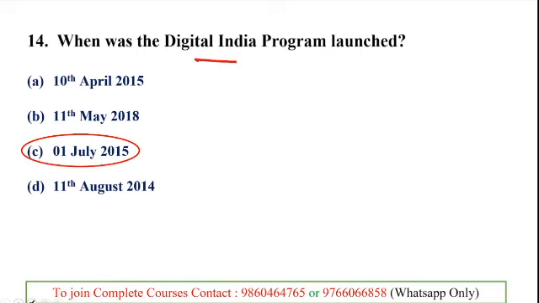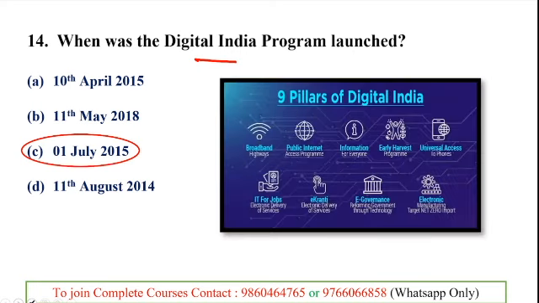So on 1st July 2015, the Digital India Initiative or Digital India program was launched by Prime Minister Narendra Modi. And then there is another important point. There are 9 pillars connected with Digital India, the various operations or platforms: broadband, public internet access, information for all, early harvest, universal access, IT jobs, e-Kranti, that is related with delivery of service.